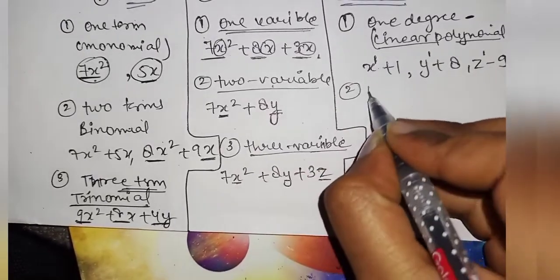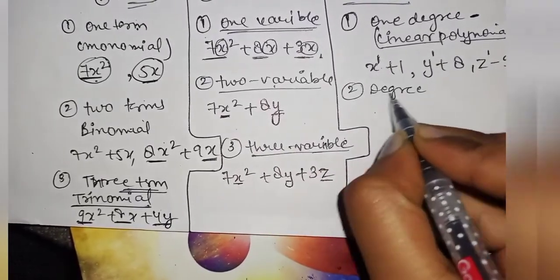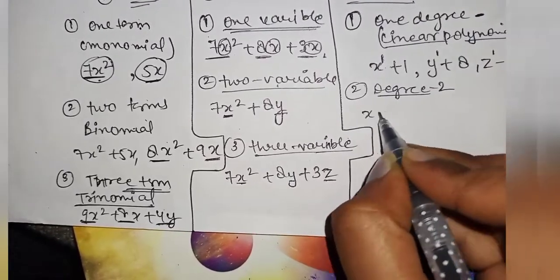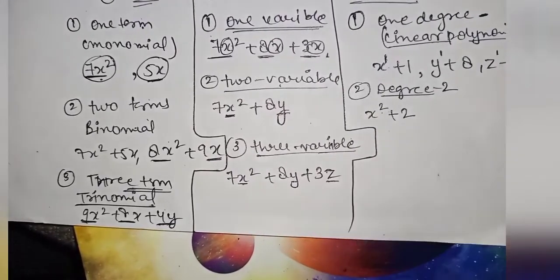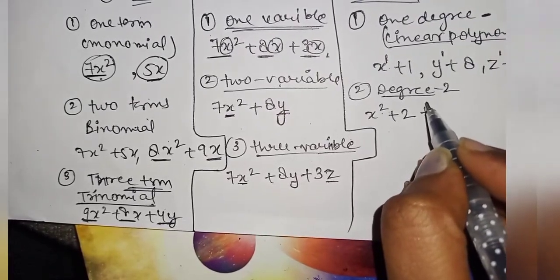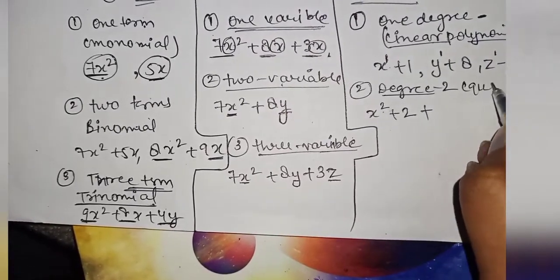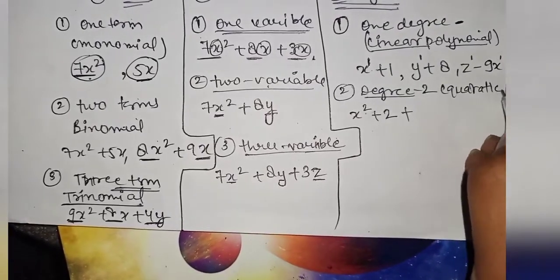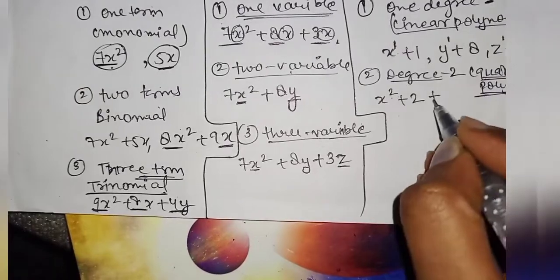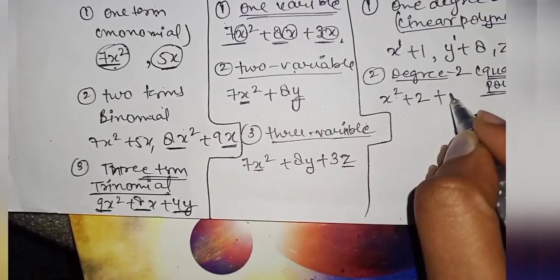Second one is degree 2. If there is degree 2 as the highest term, so we can say the equation is in quadratic polynomial. For example, x square plus 2 plus y.